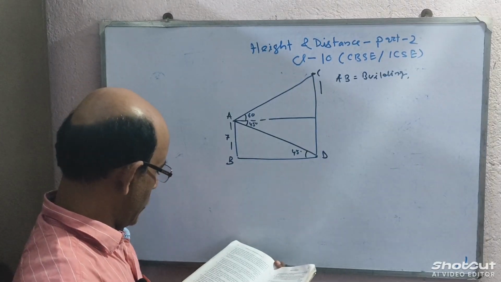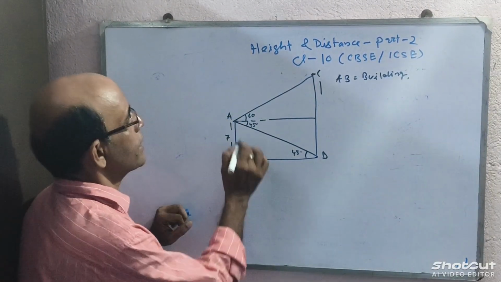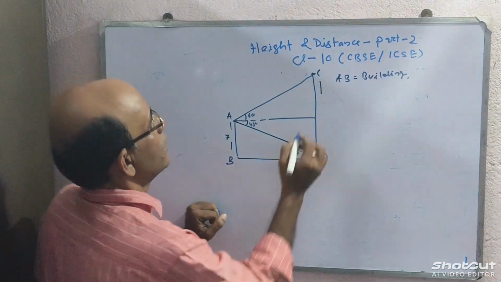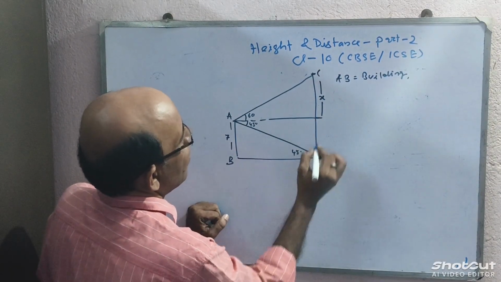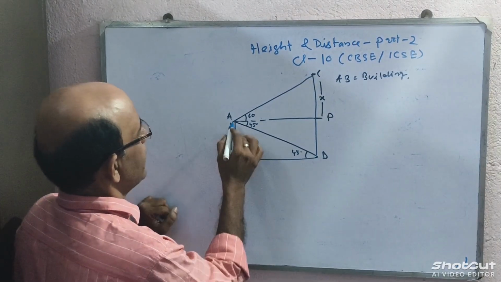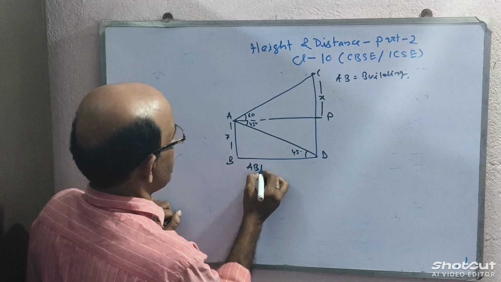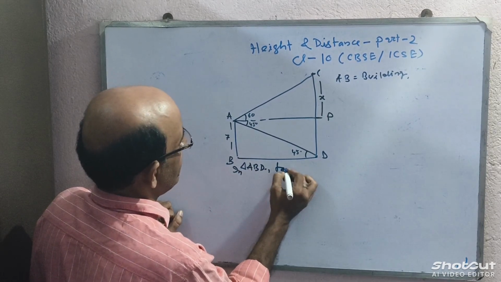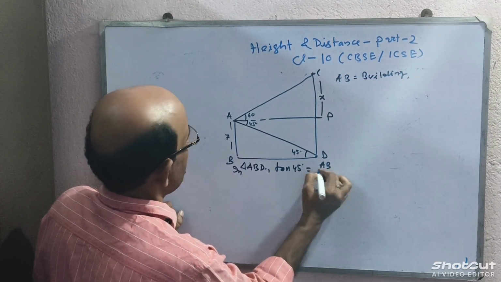You have to find the height of the tower, but in a single equation you can't find it. This is x, P. First of all, in this triangle ABD, tan 45 degree is equal to AB by BD.